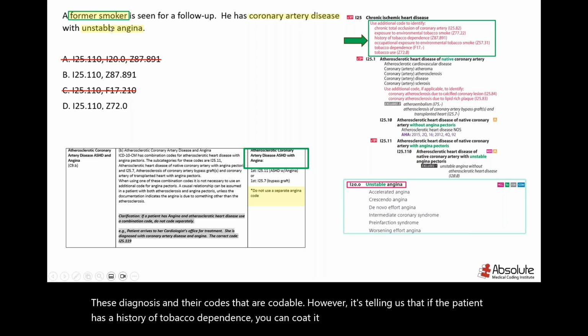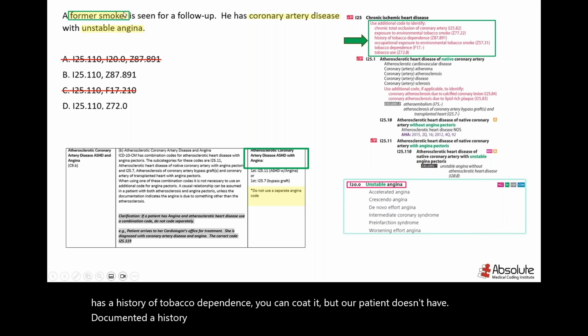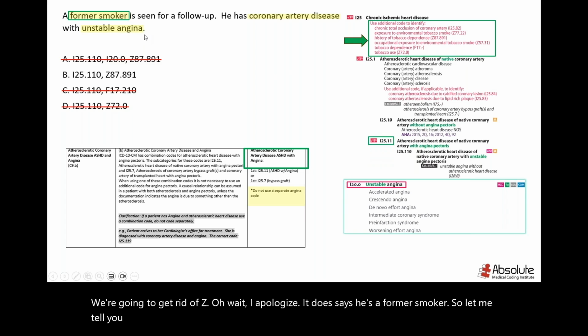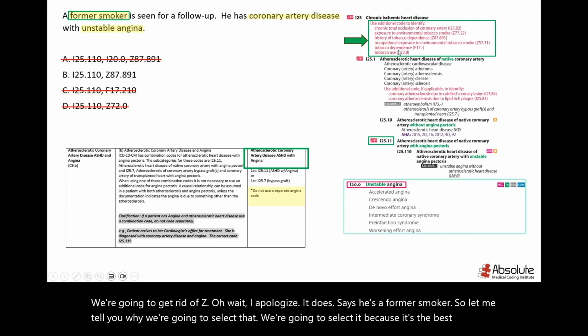But our patient doesn't have a documented history of tobacco dependence. It just says he's a former smoker, right? So we're going to get rid of Z. Oh, wait. I apologize. It does say he's a former smoker. So let me tell you why we're going to select that. We're going to select it because it's the best of the four, right?